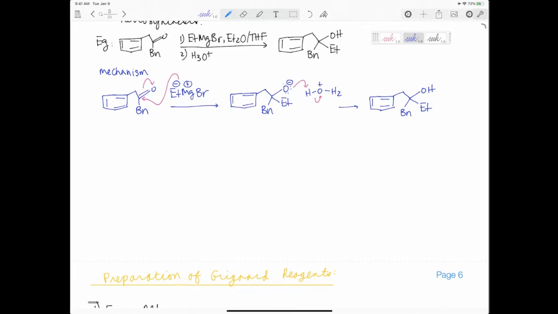However, exceptions exist when you have an ester. So behavior with esters is different. Let's consider the molecule here.